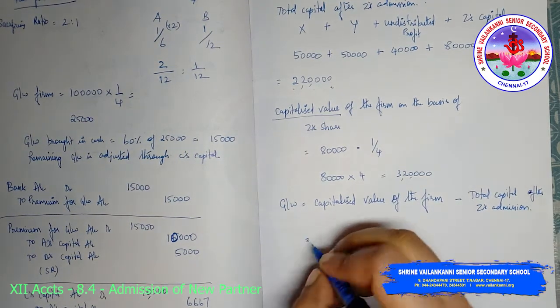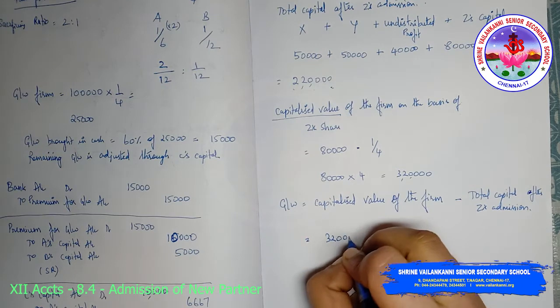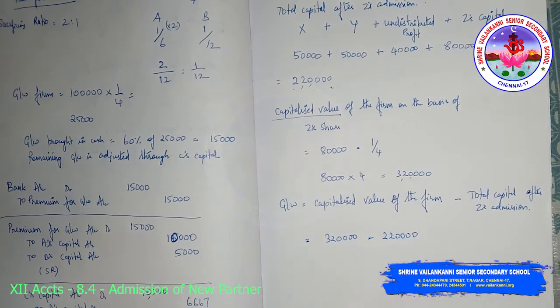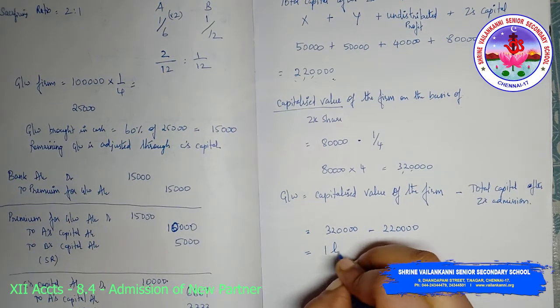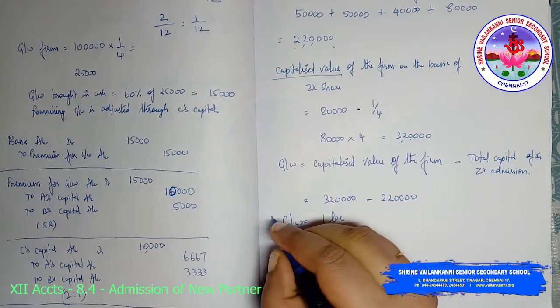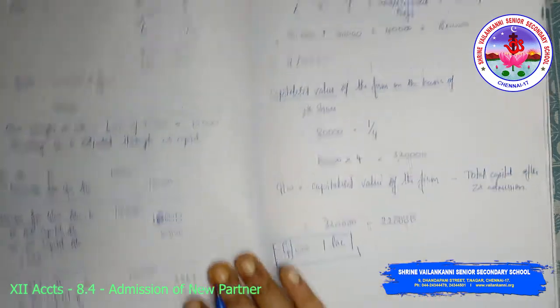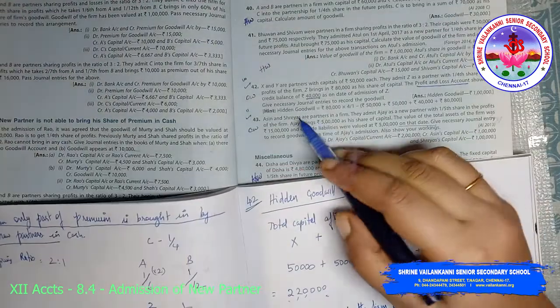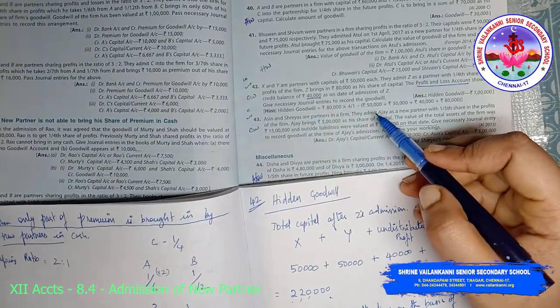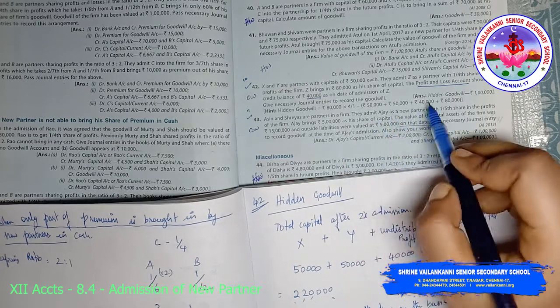So it is 3,20,000 minus 2,20,000, which comes to 1 lakh. So goodwill is 1 lakh. Okay, so they have asked us to record the goodwill. How to record this goodwill? So we have written what is the hidden goodwill.